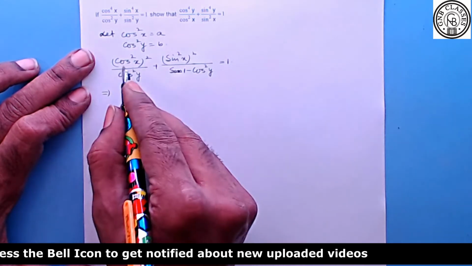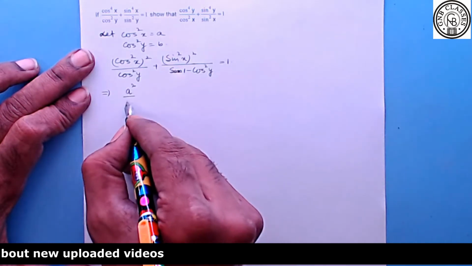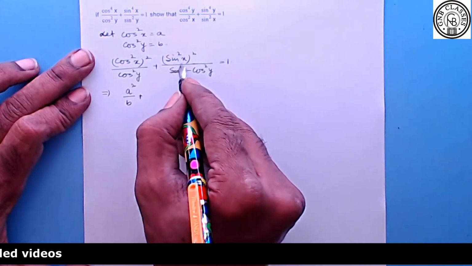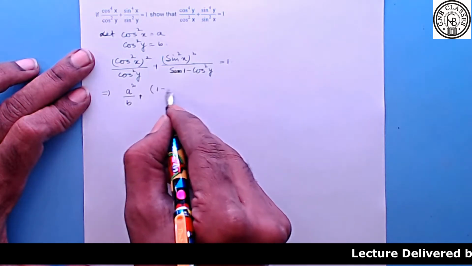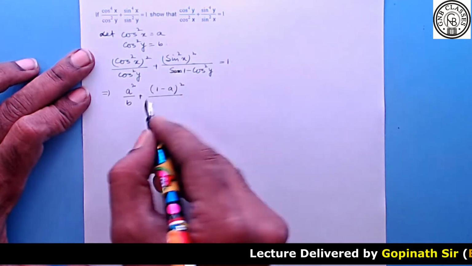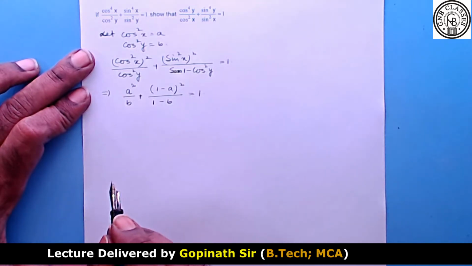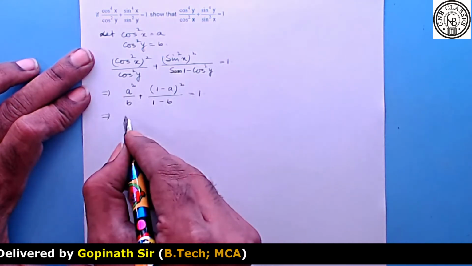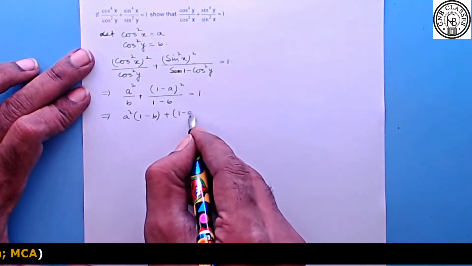Now, cos square x can be replaced by a, so it will become a square by b plus sin square x, which can be written as 1 minus cos square x. So it is (1 minus a) whole square divided by (1 minus b), which is equal to 1. Is it clear to all of you? Okay, now let me take the LCM. So it is coming to something like this.